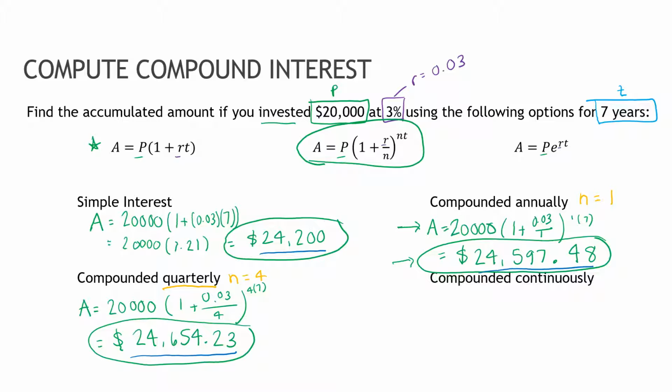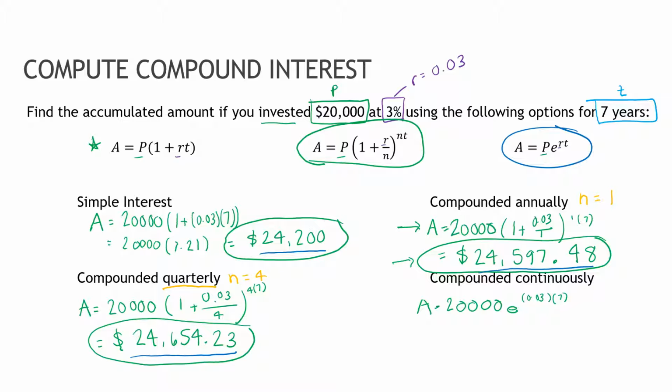Again, now we are moving on to this function. So in this function, I'm going to have A equals P, which is 20,000, just as before, and then e to the rt. r, the rate, is still 0.03, and time is 7.